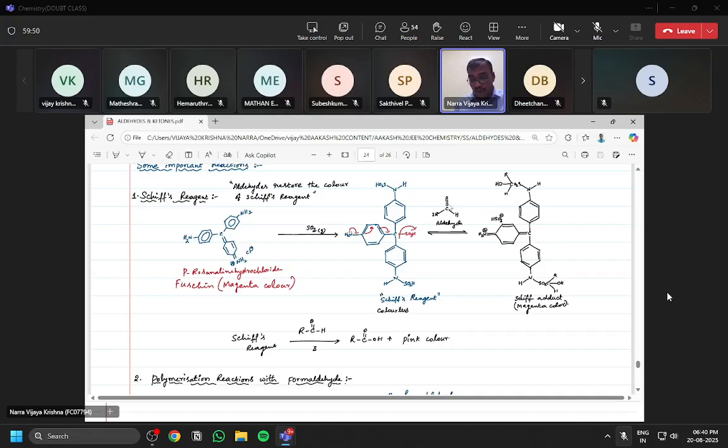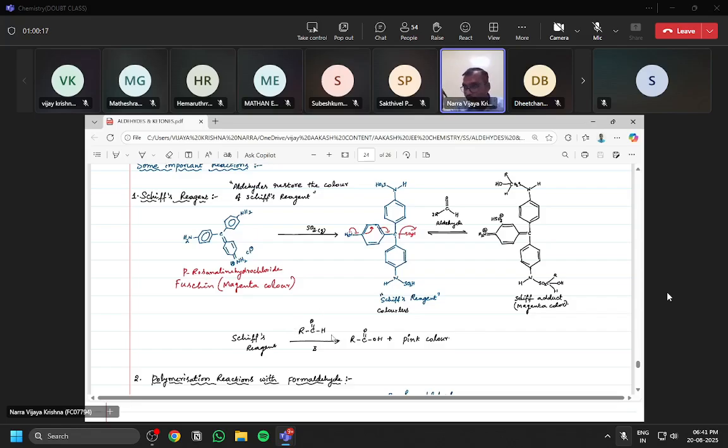Aldehydes will restore the color of Schiff's reagent, meaning we restore the magenta color. That confirms it is reacting with an aldehyde. If the aldehyde group is not present, the color will not be restored. So in short, Schiff's reagent with aldehydes gives a magenta or pink color that confirms the presence of an aldehyde.